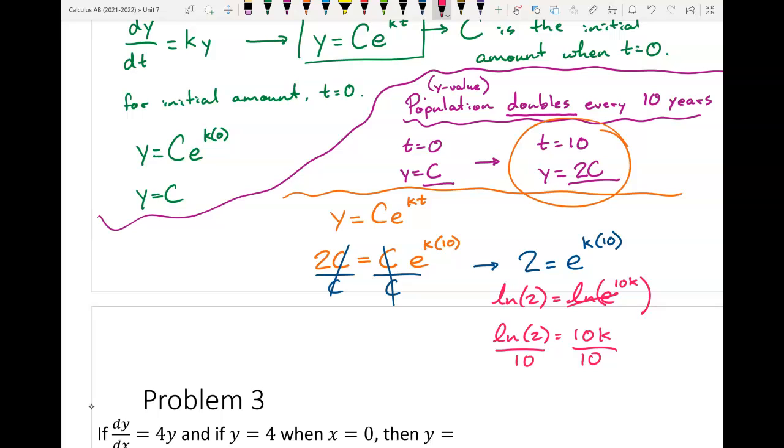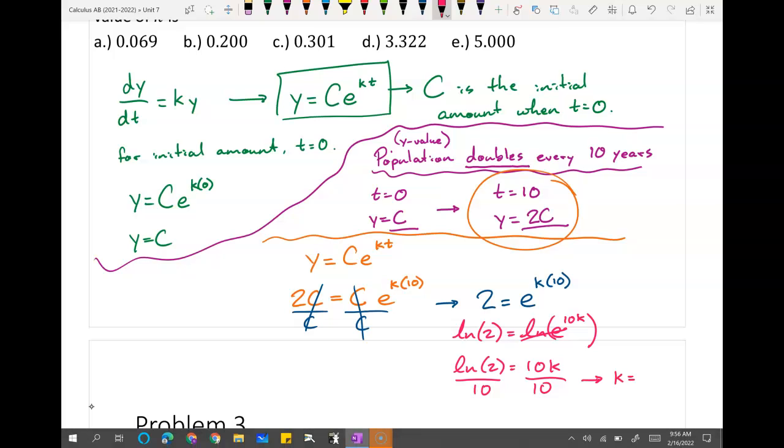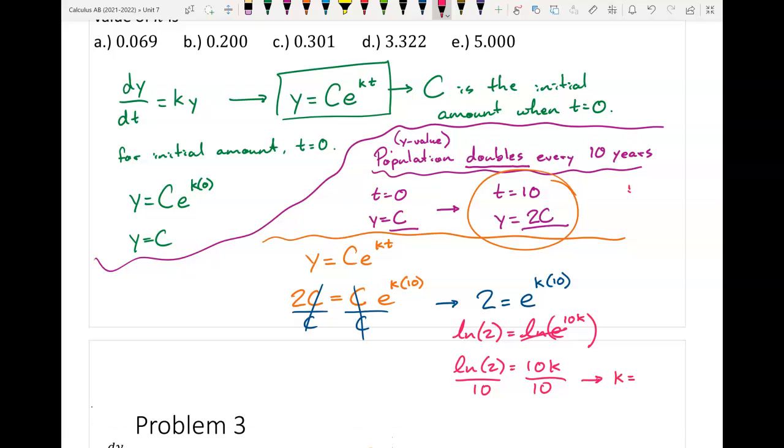Now it's calculator time because our answers were in decimals. So k is equal to natural log of 2 divided by 10. Now, I just want to note, you'll see problems like this frequently where it says, after a certain amount of time, things double, or triple or quadruple, or become half or a third or a fourth.